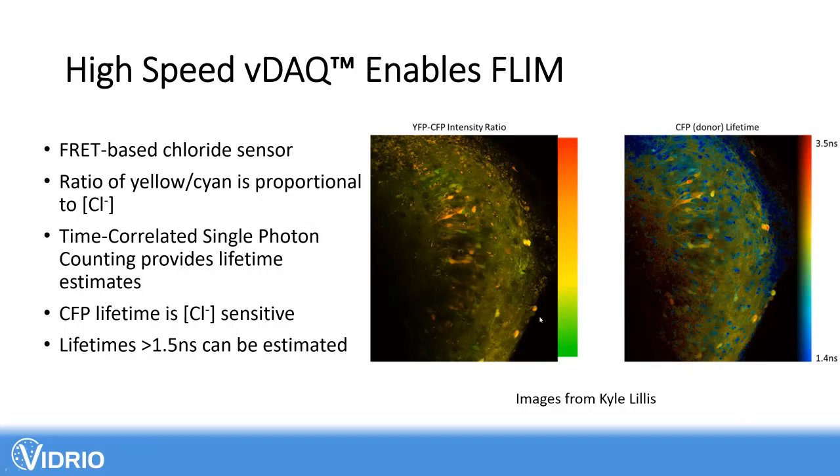He provided these images from some preliminary work, showing he was able to calculate CFP lifetime images, and it correlates well with the intensity ratios, at least to a first order approximation. He estimates that lifetimes greater than 1.5 nanoseconds can be estimated with the high-speed vDAQ.